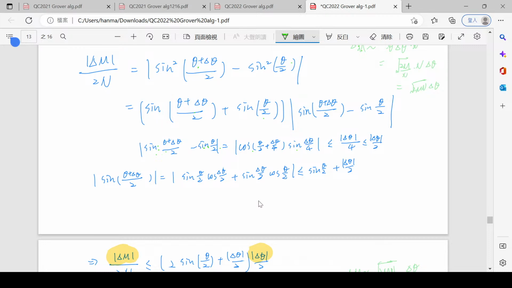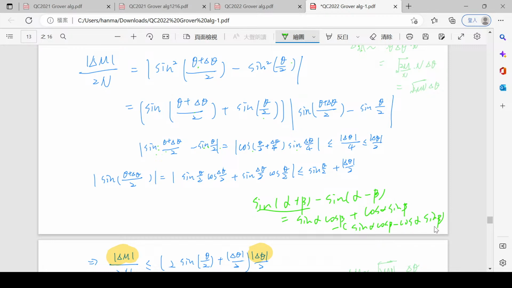So sine of alpha plus beta minus sine of alpha minus beta equals sine alpha cosine beta plus cosine alpha sine beta, then minus sine alpha cosine beta minus cosine alpha sine beta.